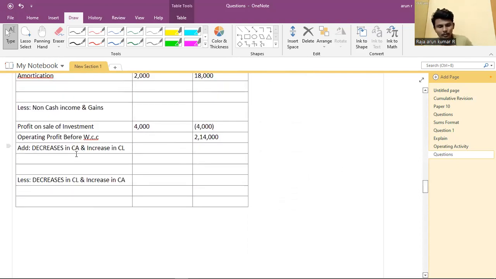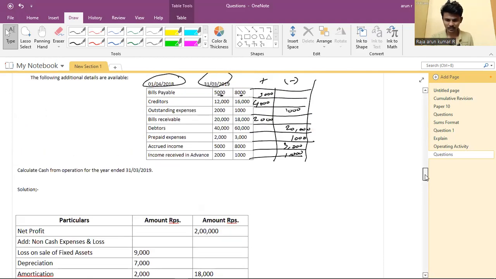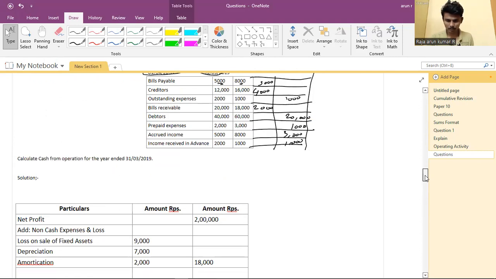It will be easy to solve the sum. How much? Bills payable 3,000, creditor 4,000, bills receivable 2,000.